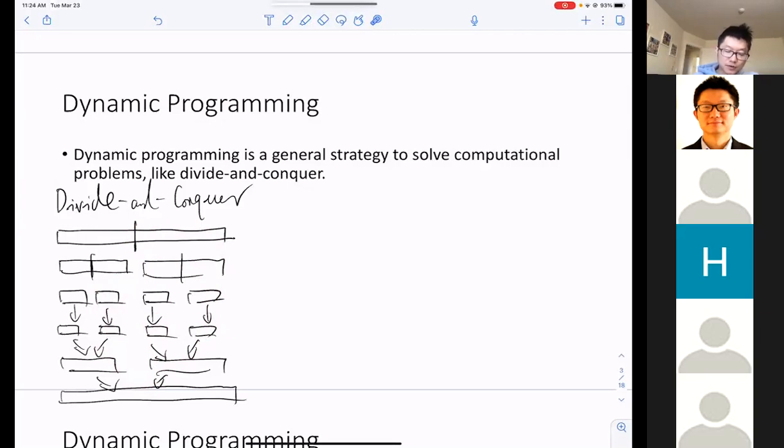The good thing about divide and conquer is that when we divide the problem, say here when we cut this problem into 2 sub problems, those 2 sub problems do not overlap. Non-overlapping sub problems.